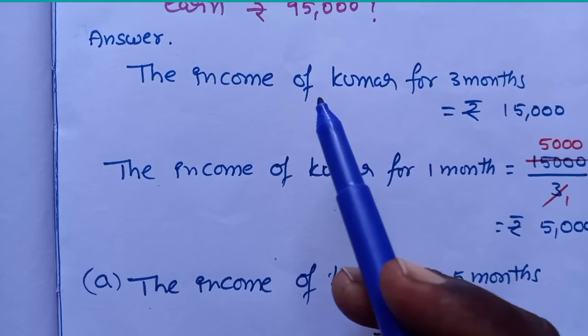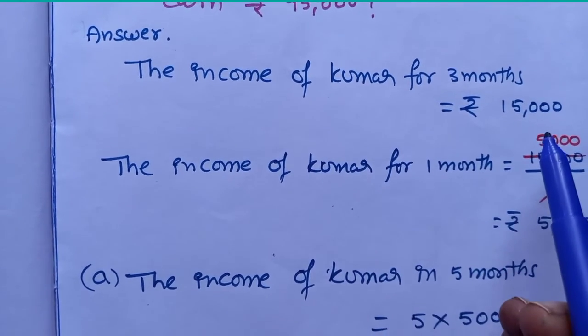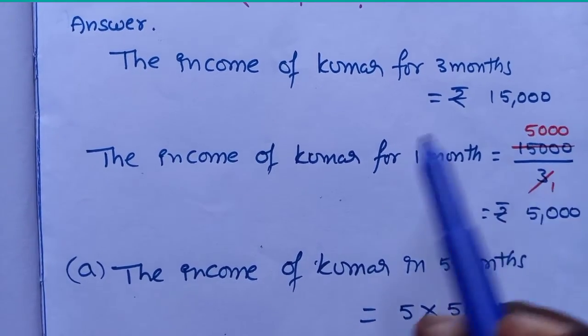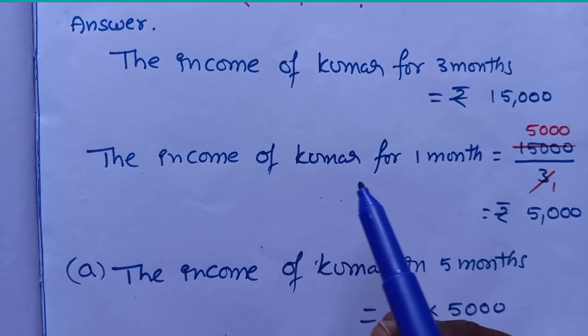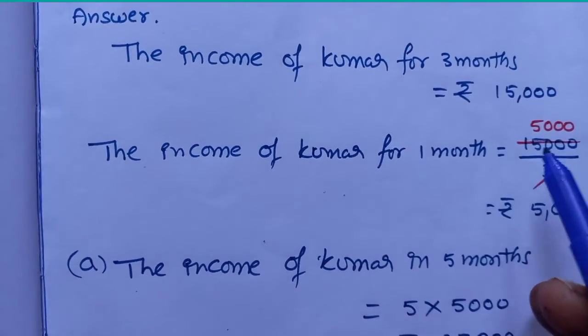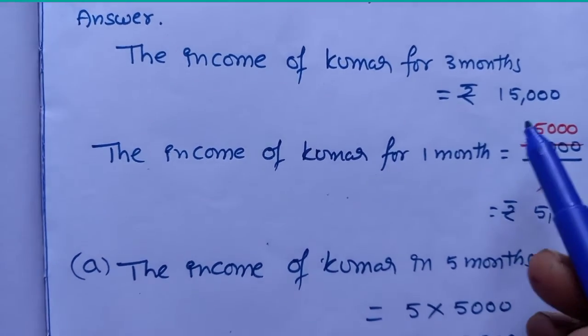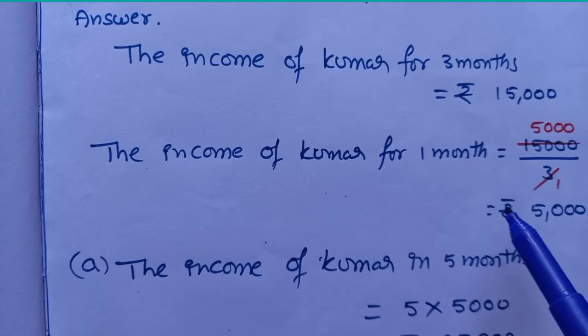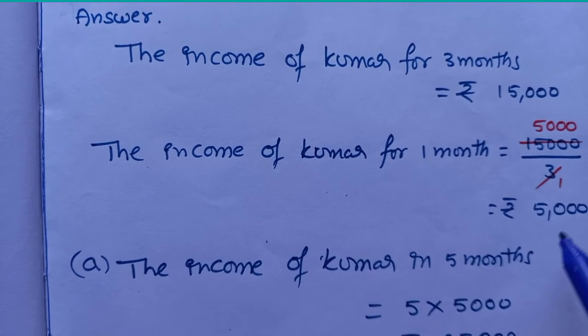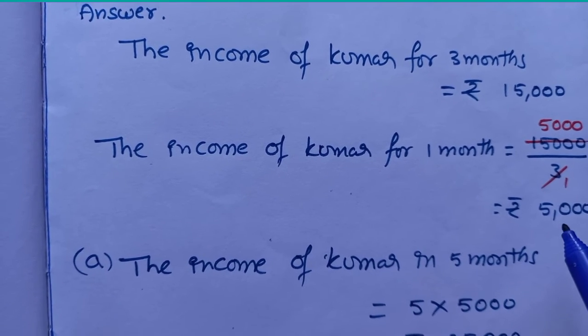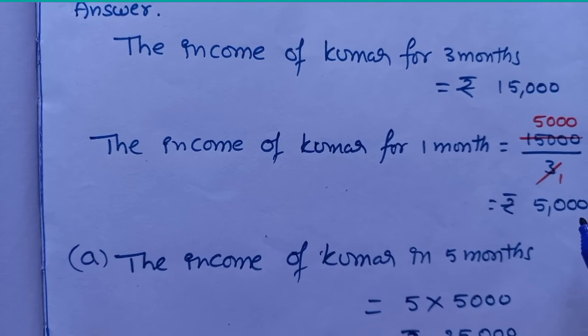The income of Kumar for 3 months equal to 15,000. The income of Kumar for 1 month equal to 15,000 by 3. 3 ones are 3 and 3 fives are 15, so 5,000. Therefore, income of Kumar for 1 month equal to 5,000.